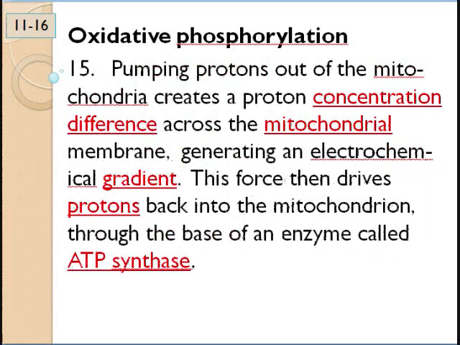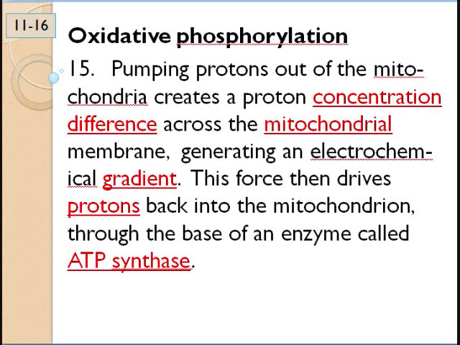All right. Now, if I pump protons out of the mitochondria, I'm going to have a lot more outside than inside, right? If I pump them outside, I'll find more outside. That's going to be a concentration gradient. Does water roll uphill or downhill? Down.